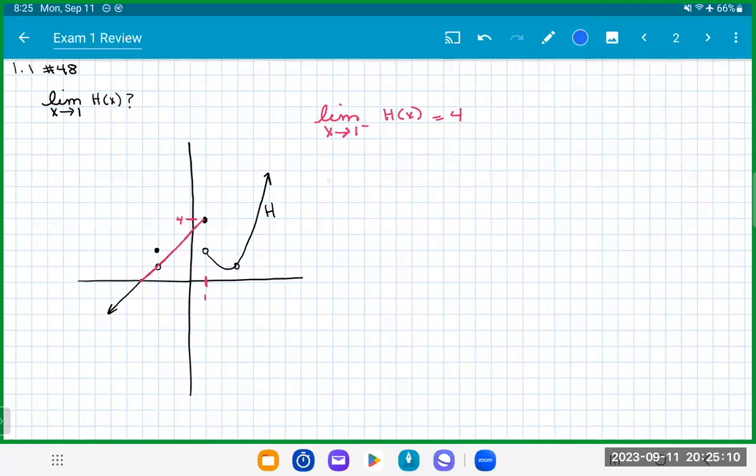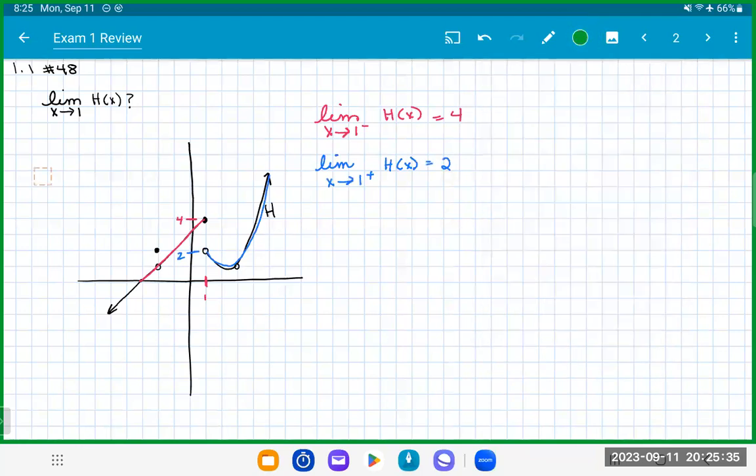Also, if I want to determine what is my limit as x approaches 1 from the right, that means I'm coming here as I'm approaching 1 from the right. I am coming up really close here where my y value is 2. Okay.